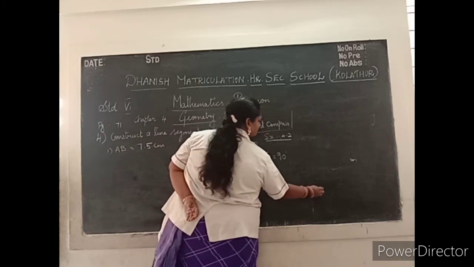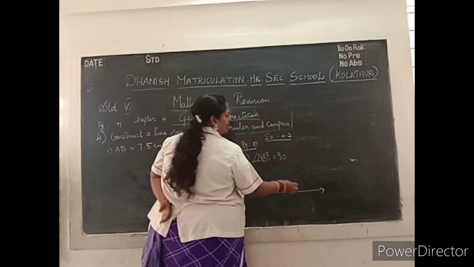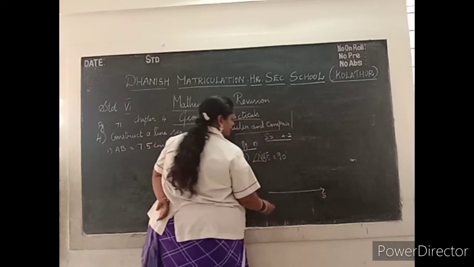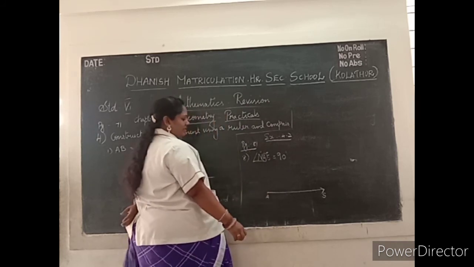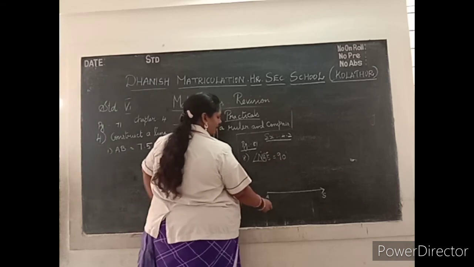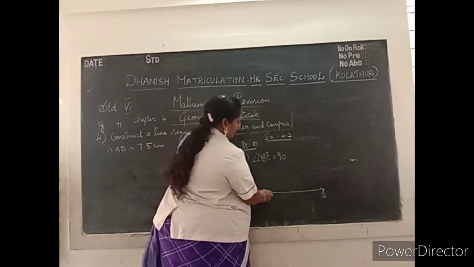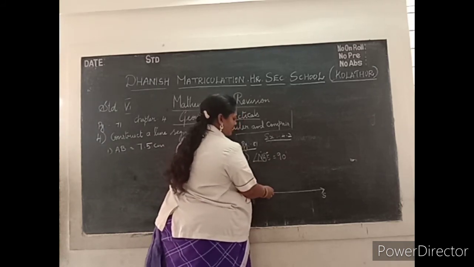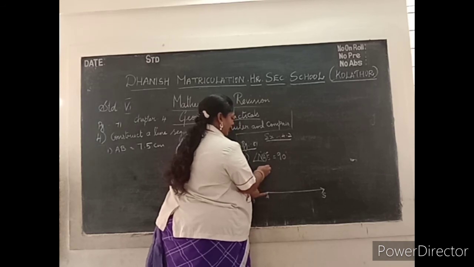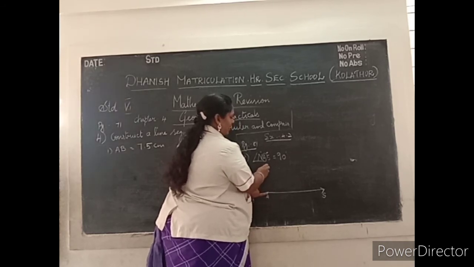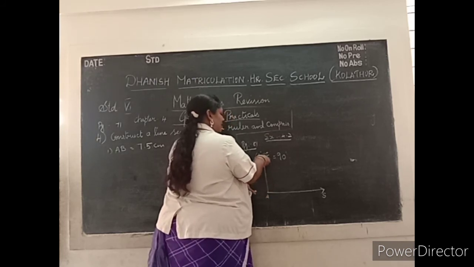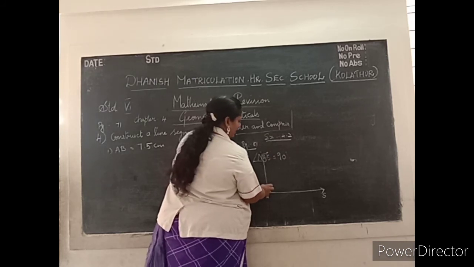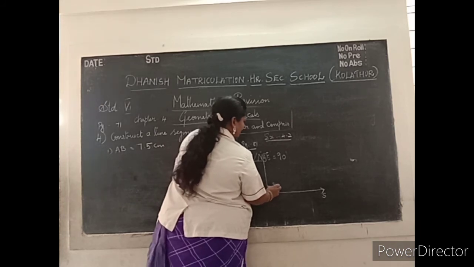Then, this will be A. Using a protractor, you have to keep the pointer here on the protractor. 90 degrees means it's a straight right angle. Using a protractor, you have to mark this one. Then using a ruler, mark this one and write this as 90 degrees.